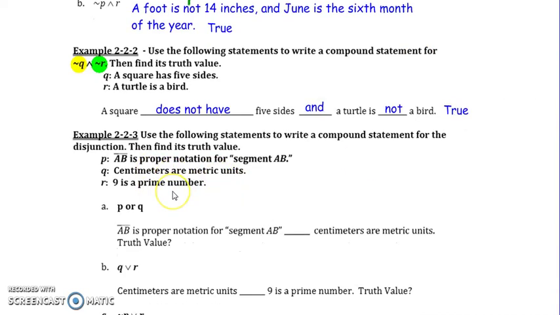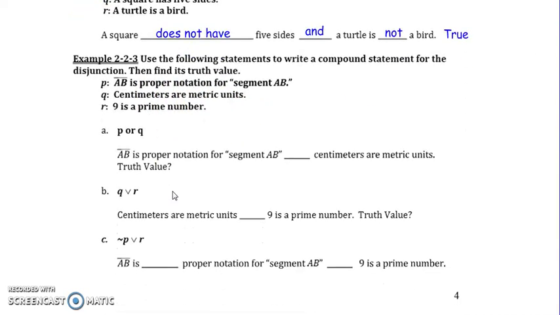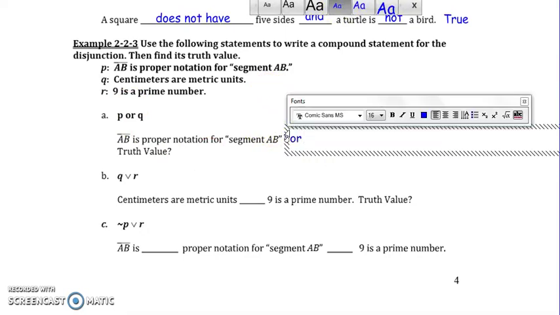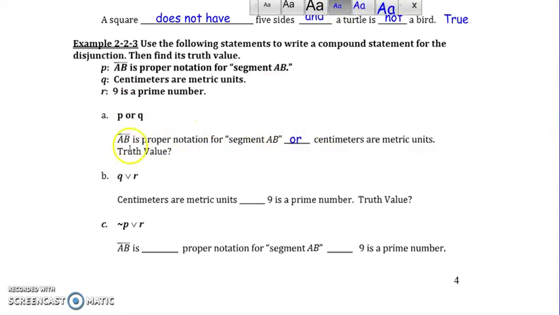All right, so for this next one, P or Q, we have the word "or" this time. So we're going to add the word "or" right here. So segment AB is proper notation for segment AB, or centimeters are metric units.